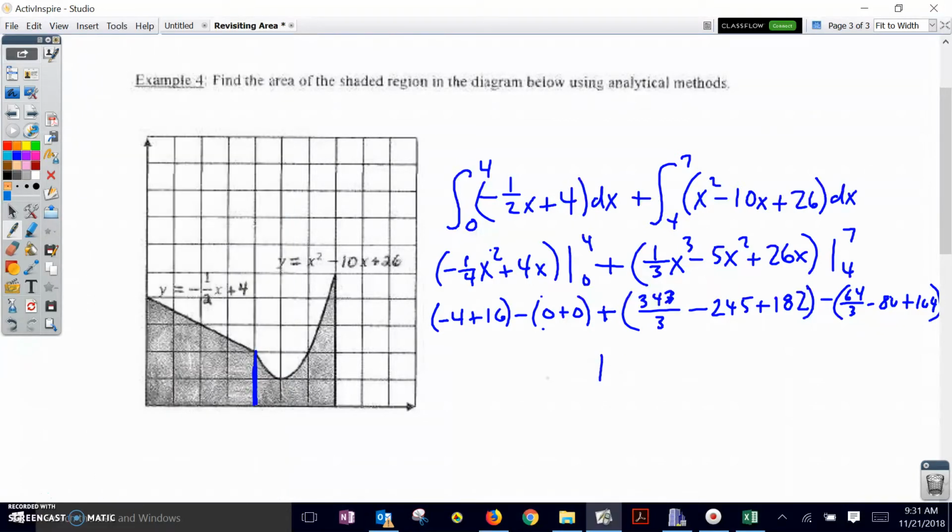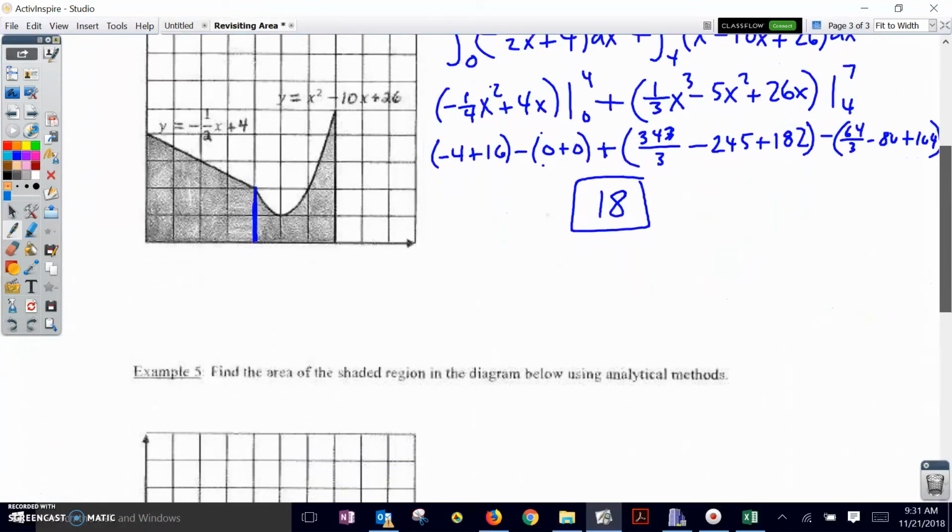And we get 18 for the area of this region. Alright? So when we have a region bounded by two different curves above, we're just going to break it apart into those two separate curves and set up our limits of integration based off of those.